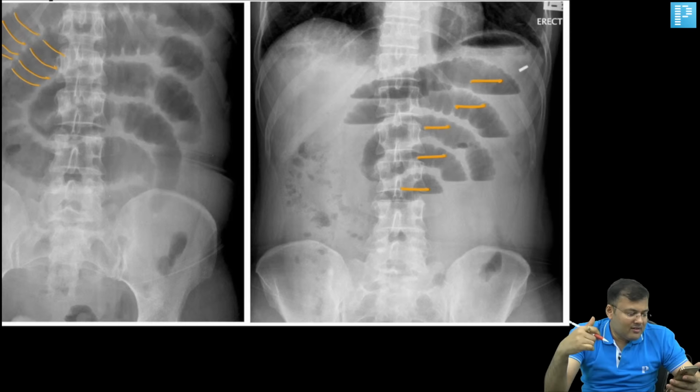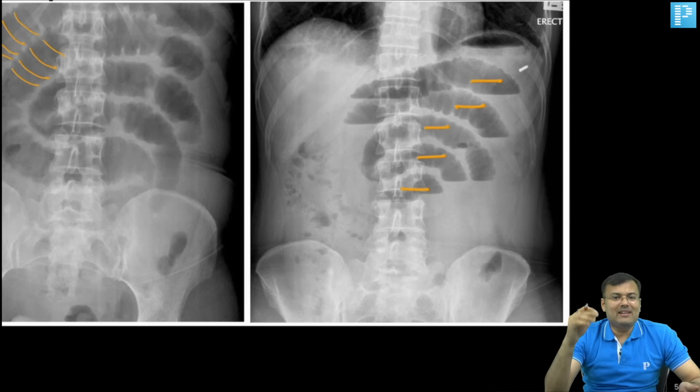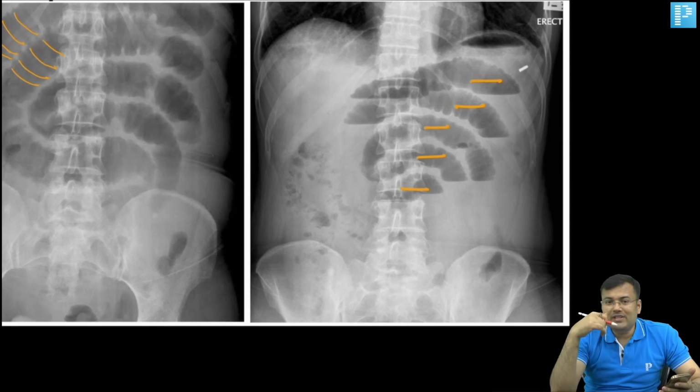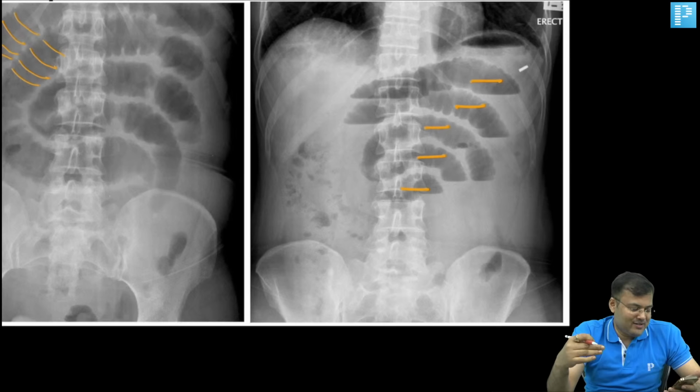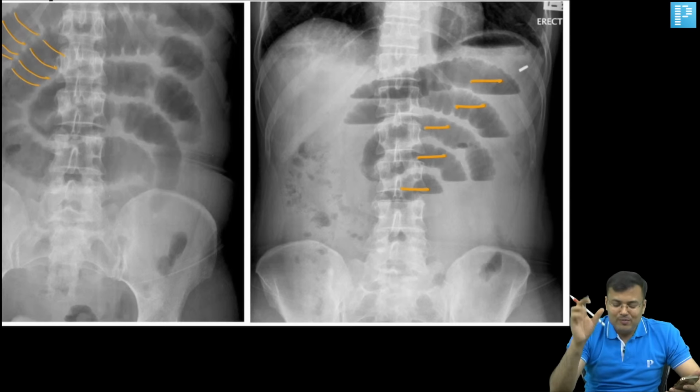So, in the erect view, you are going to see this step ladder pattern. Okay, you remember? Whenever this question comes in the exam, the first thing that should come to your mind is step ladder.